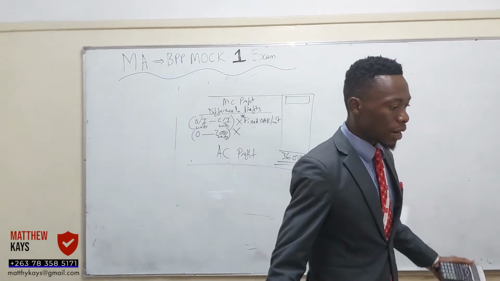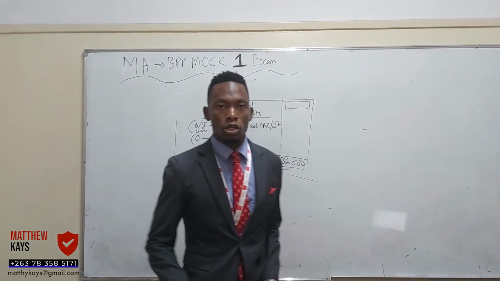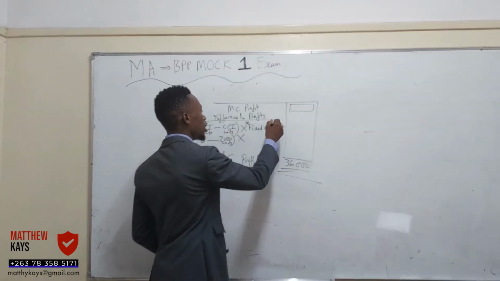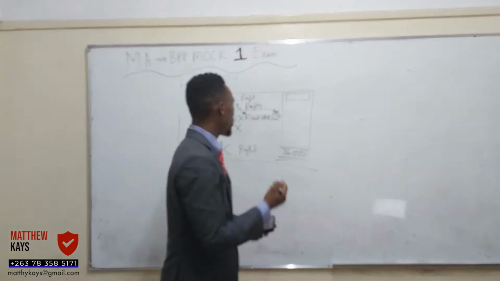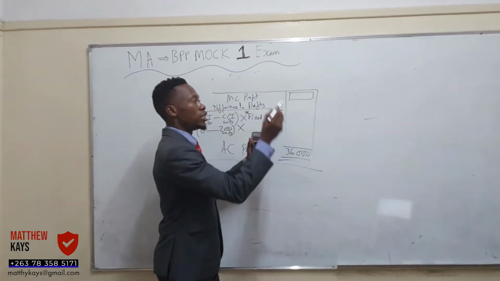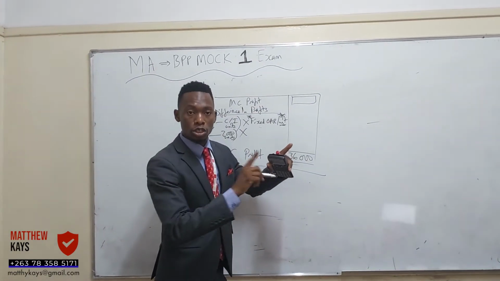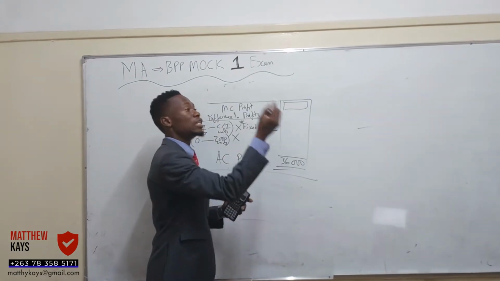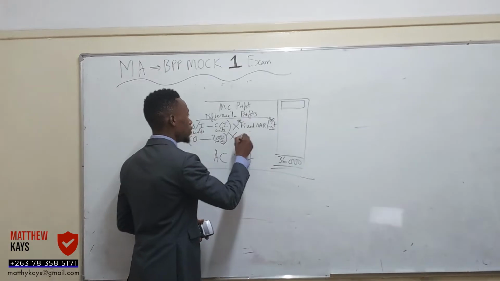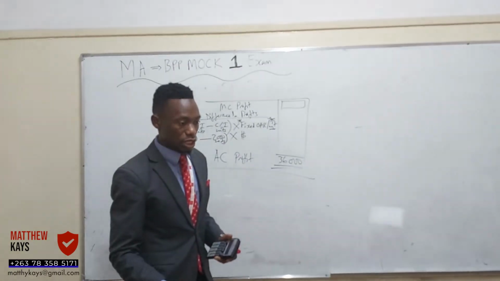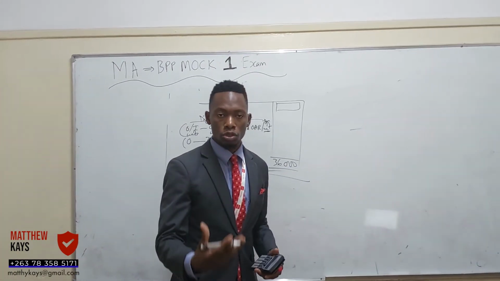Looking at the question, I'm not given the fixed OAR. So what do you do, guys? The fixed OAR per unit, how do you calculate it? You take your budgeted fixed cost, you divide it by the number of units. Then you get the fixed cost per unit. But the tricky part on this question now, which fixed cost would you take?